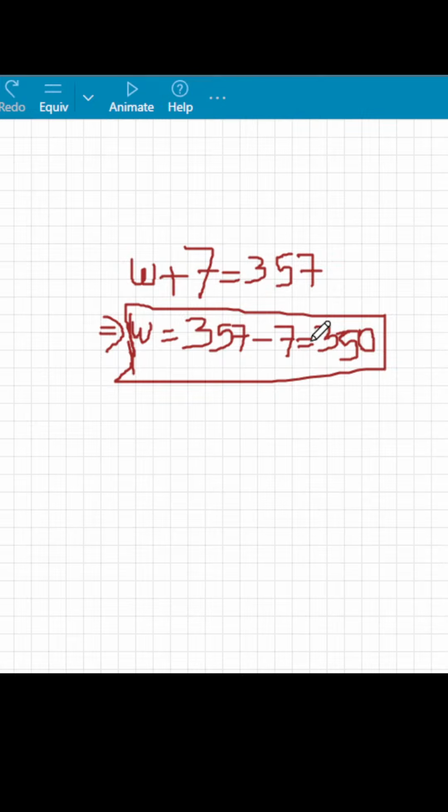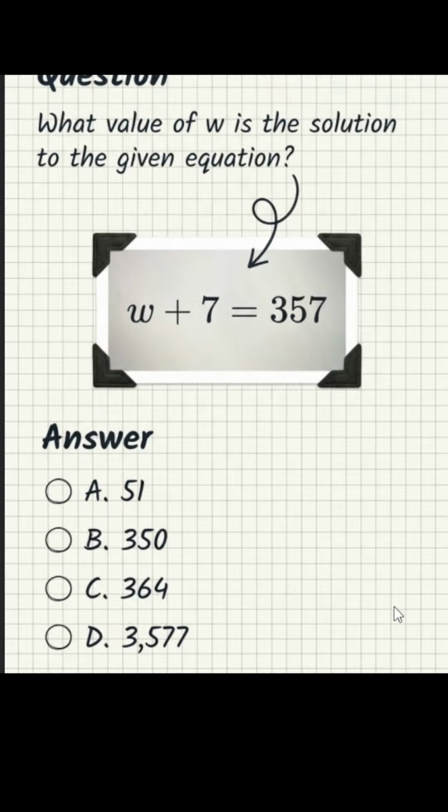So w is 350, and I think that was what the question asked, so the answer will be 350. So that is option B, 350. So B is the correct answer.